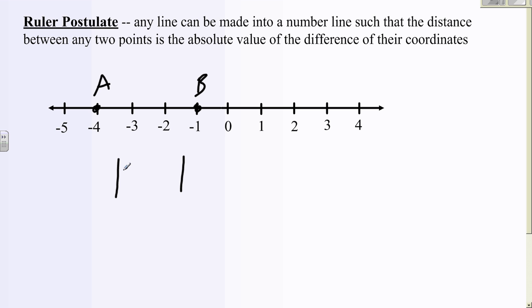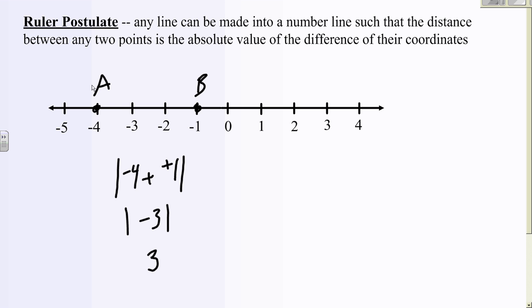So -4 minus, because difference is subtraction, -1. Now when I subtract the negative, it's adding a positive. So -4 plus 1 is -3, and the absolute value of that is 3. And you say, oh, well, couldn't I just say 1, 2, 3? Well, it's fairly easy when you have something that you can count, but when it's fractions or really large numbers, this is just a nice standard way of doing it.